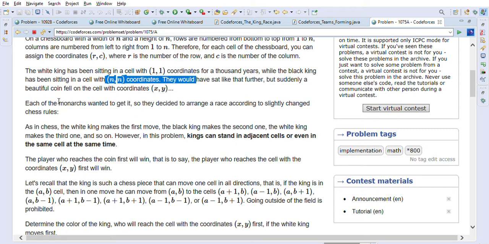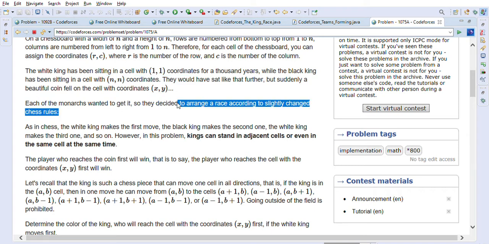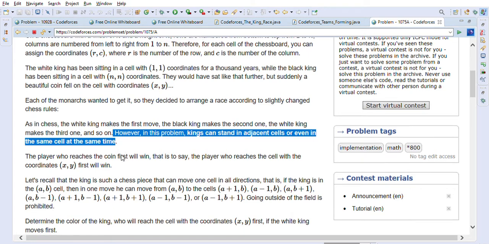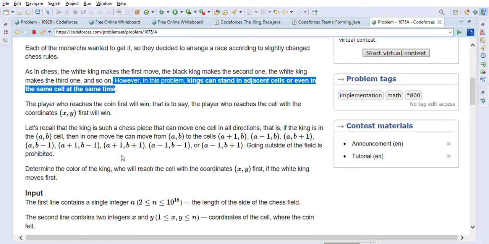So each of the monarchs wanted to get it, so they decided to arrange a race according to slightly changed chess rules. As in chess, the white king makes the first move, the black king makes the second one, the white king makes the third one, and so on. However, in this problem, kings can stand in adjacent cells or even in the same cell at the same time. The player who reaches the coin first will win.